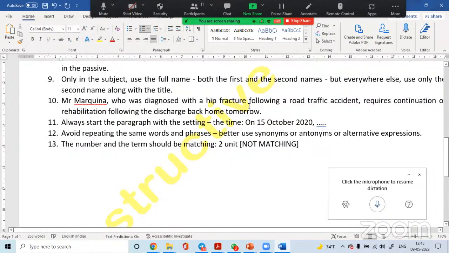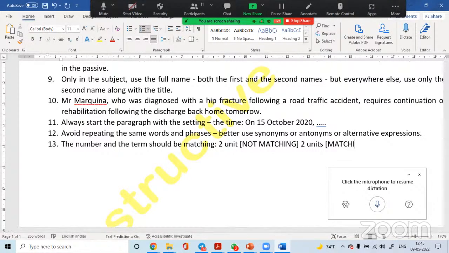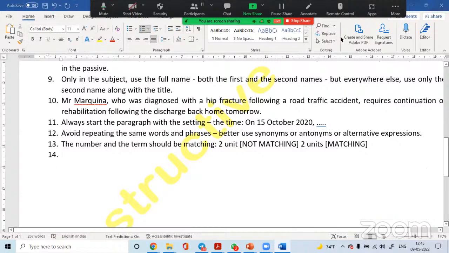Then what is right? 2 units. Okay. This is matching. So you have to see the number and the measure, unit of measurement. They should match. Remember that.